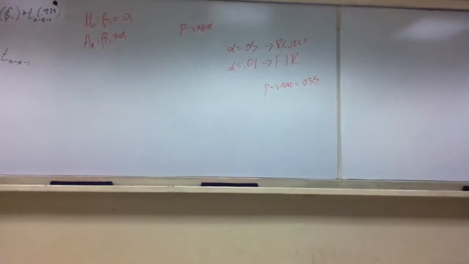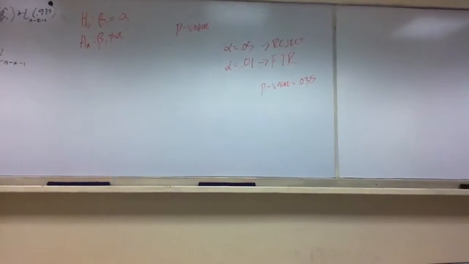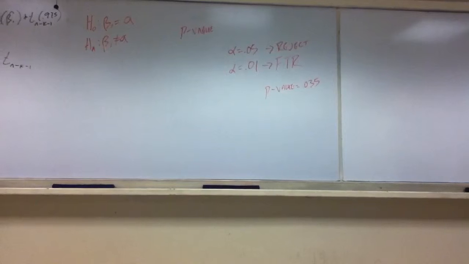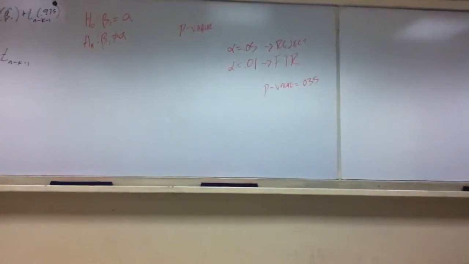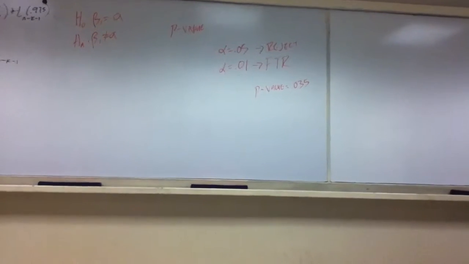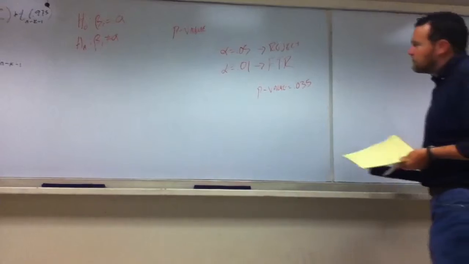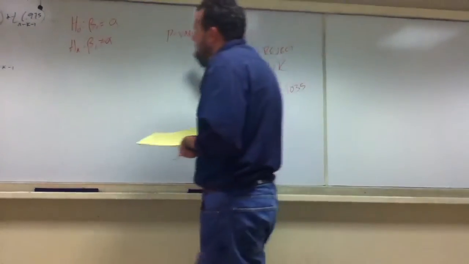So if we want to do a single hypothesis test whether some beta is different from some value, then we can do that. What we're going to do today is talk about linear combinations of betas, or if we want to jointly test multiple betas, how do we go about doing that? There's really three different ways that we can do that.